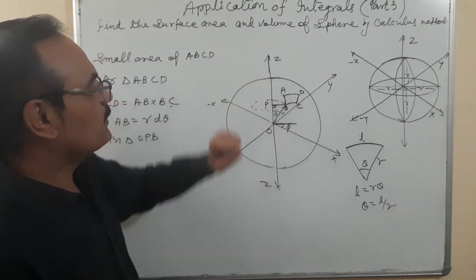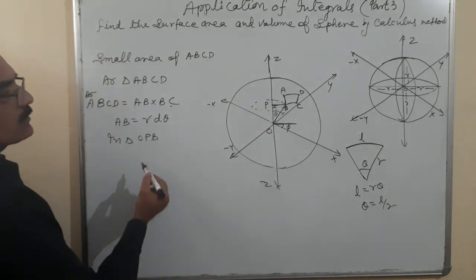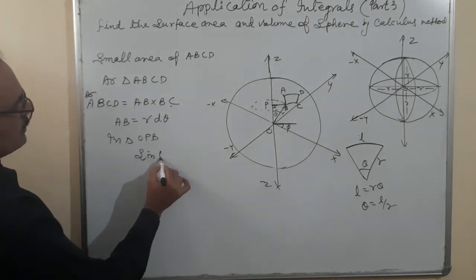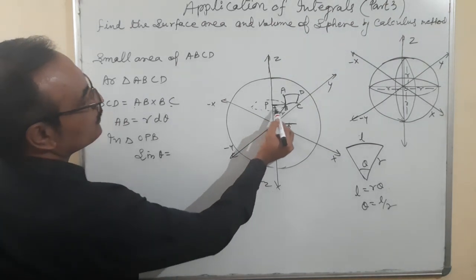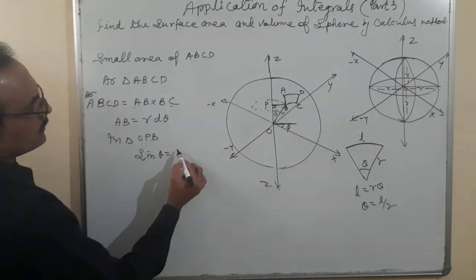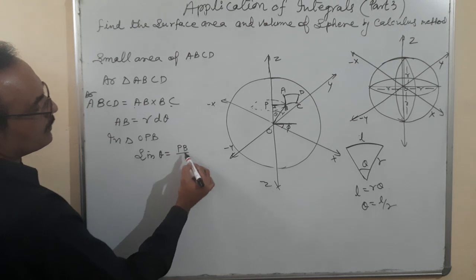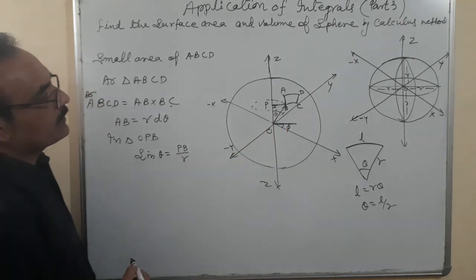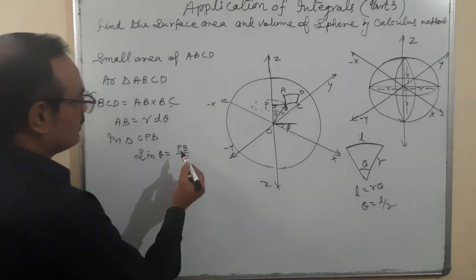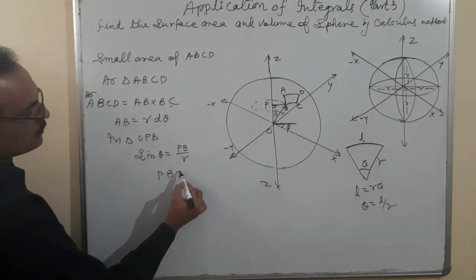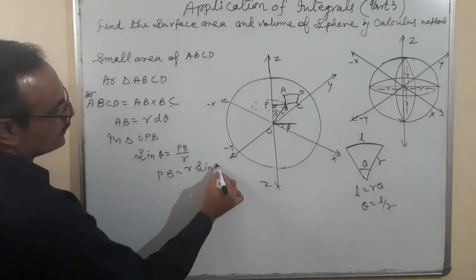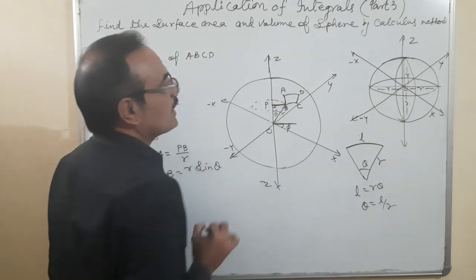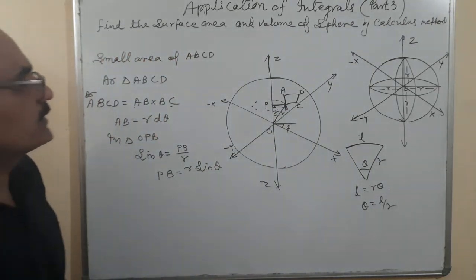When we are going to find the value of PB, in triangle OPB, sine theta is equal to PB upon, what is it? It is R. PB upon R. So that means PB is equal to R sine theta. Got it? The length of PB is equal to R sine theta. Right? This is the length.